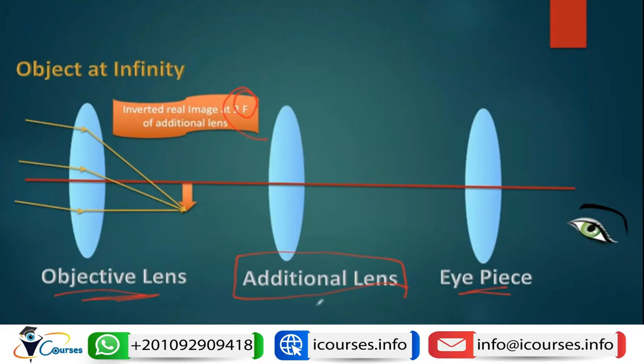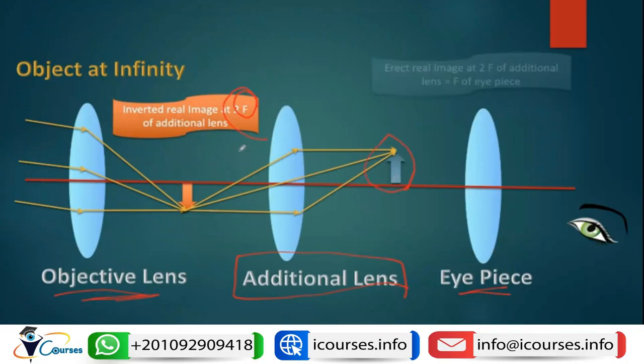And that's why when the light rays emerge through this additional lens, they invert the image, making an erect real image present at double f of the additional lens. So here we take this image which was inverted and make it erect.